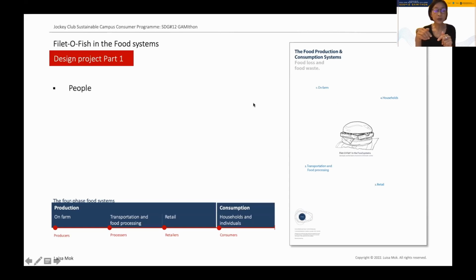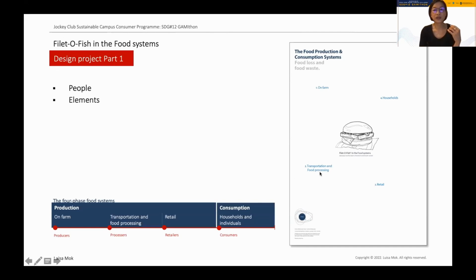To give you some guidelines, I want you to write down the people. For example, on the farm, farmers, and you can specify what kind of farmers; in transportation, drivers and workers in the plants; in retail, cafe servers, sellers, those people. And then also elements.